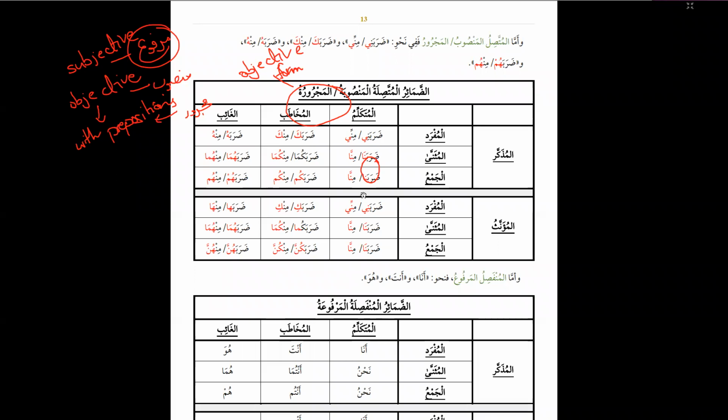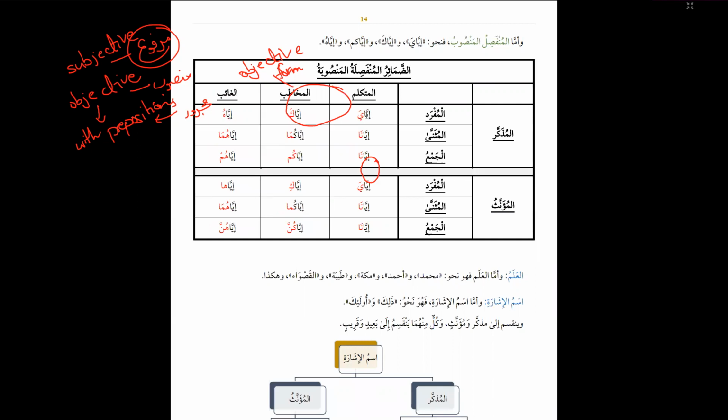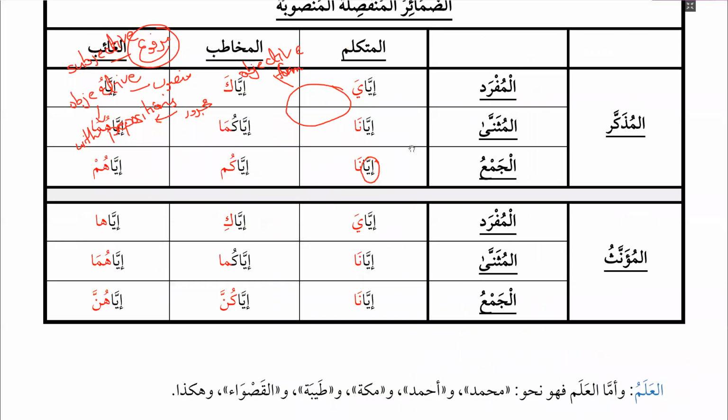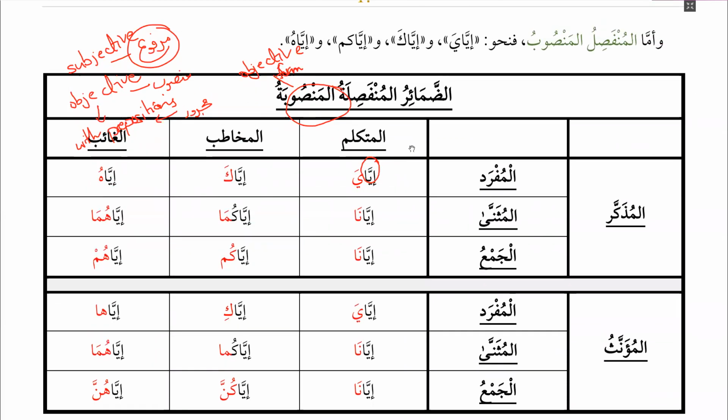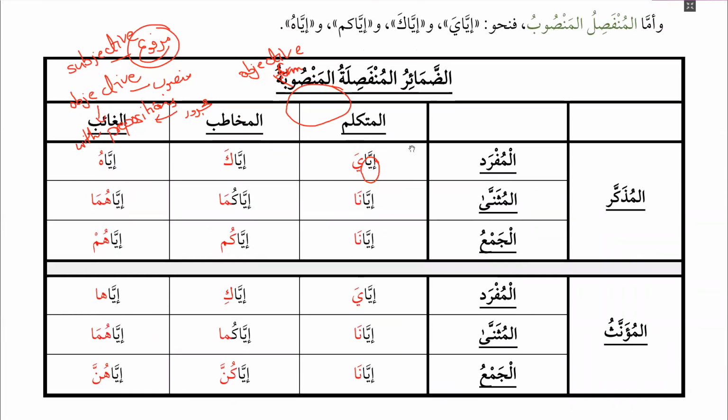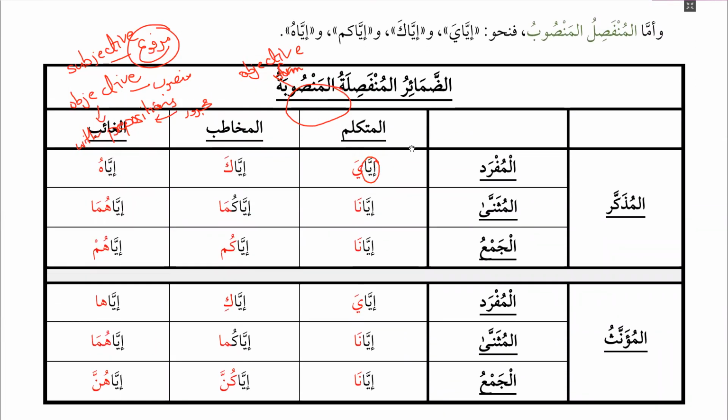You see that the red colored pronouns remain the same here. The only addition that we have here, barakallahu fikum, is the addition of iya, but that's it. So there is nothing to explain here. It's just how it's used.